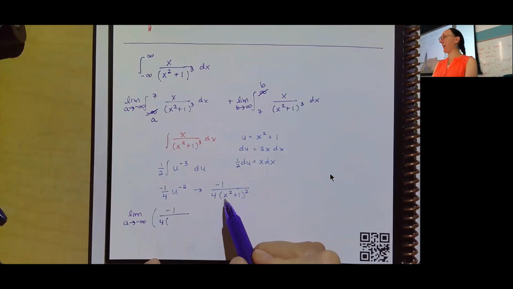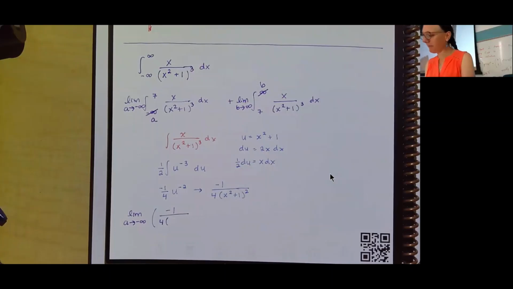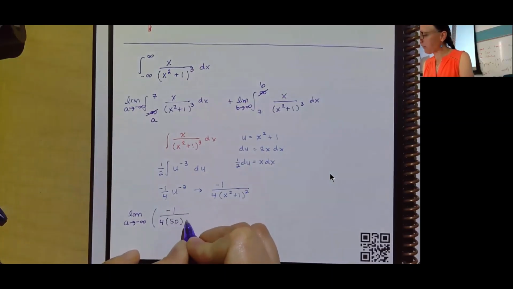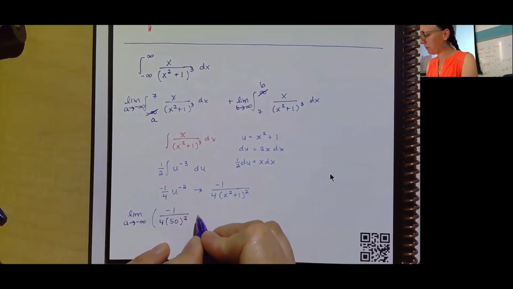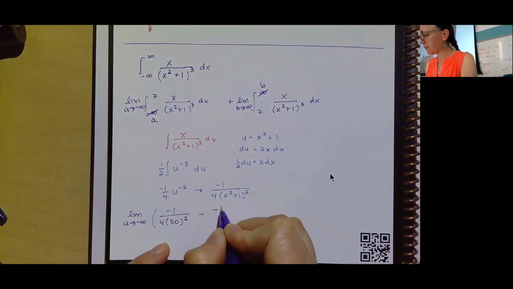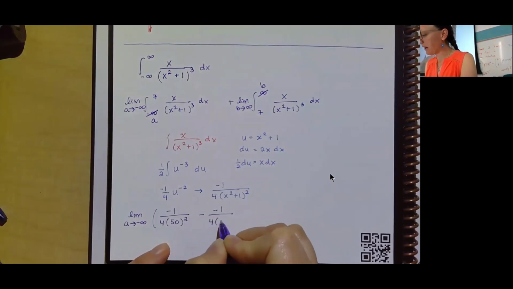What's 7 squared? 49, and 49 plus 1 is 50. What a lovely number to get to square. It worked out so well by accident. That's me plugging in 7 minus me plugging in A.